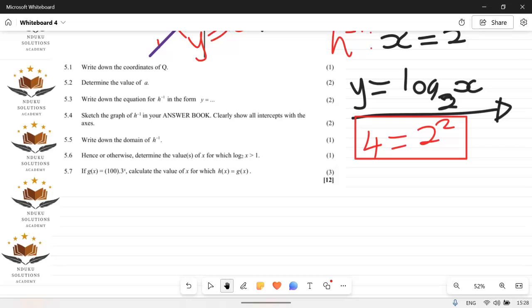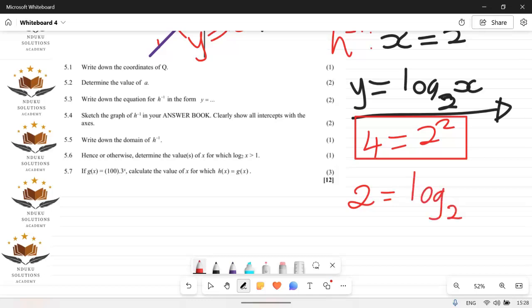This exponent will now be the subject of the formula, which will be 2, and the base will remain the base of the log, and whatever was the subject of the formula will now be part of the log. So in true sense, this is actually 2. If you press this in a calculator, it will still give you 2. Then you can also use the laws of logs to actually simplify the right hand side.